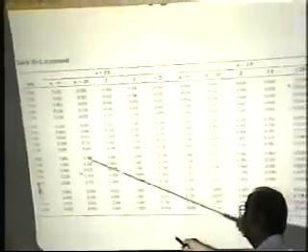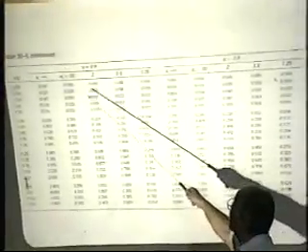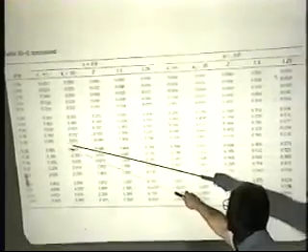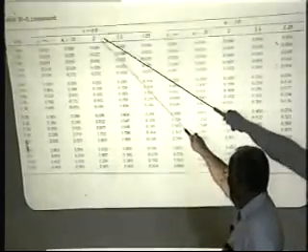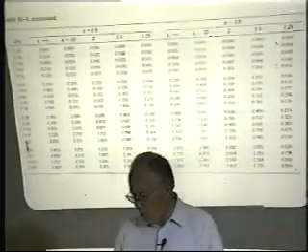Just point out that this would be the Q over Q sub i, the dimensionless rate. This would be the dimensionless time for different back pressures and different values of N, and you can construct your own log plot for back of envelope type calculations.